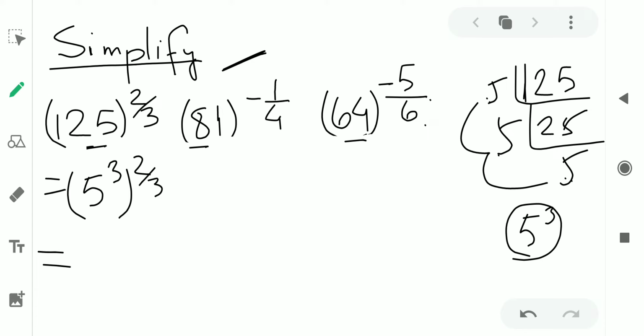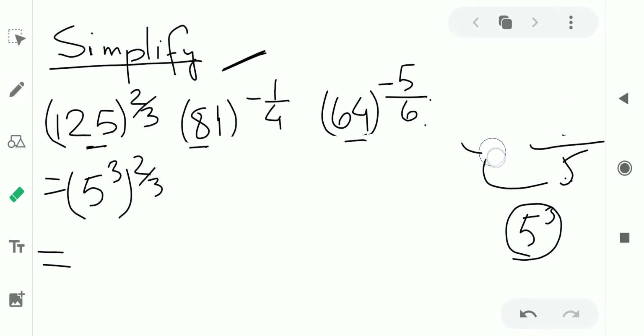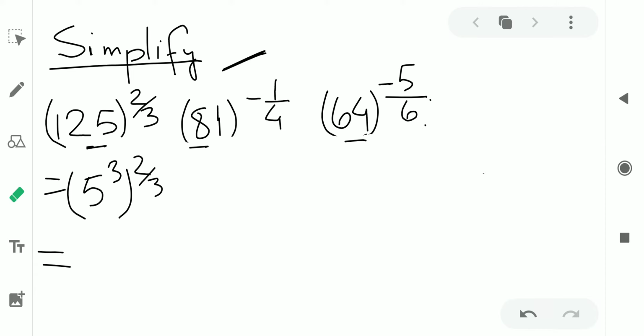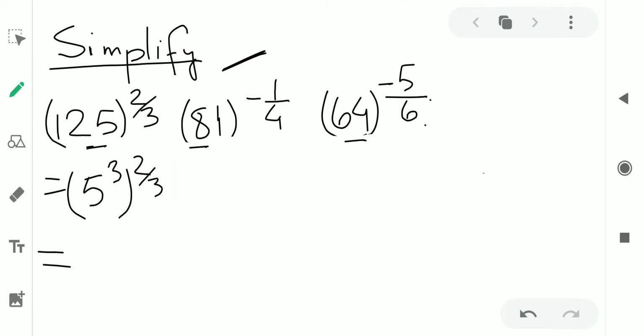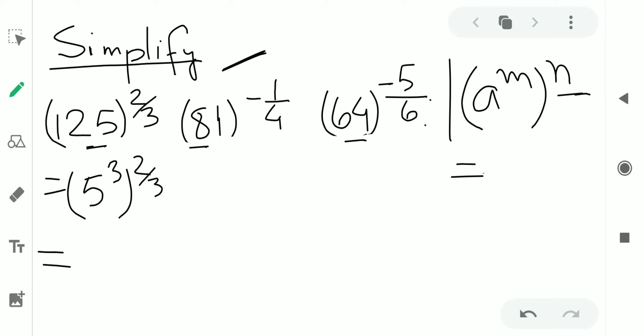Now let me recall one formula that we have to use again and again in the exponent. The formula is a to the power m whole to the power n. In this case, when we have an exponent term, and again we have the whole to the power something, in such cases we have to multiply both the powers.